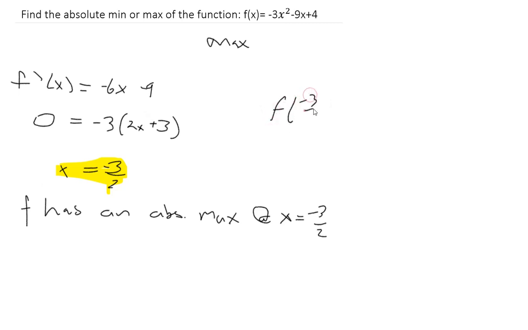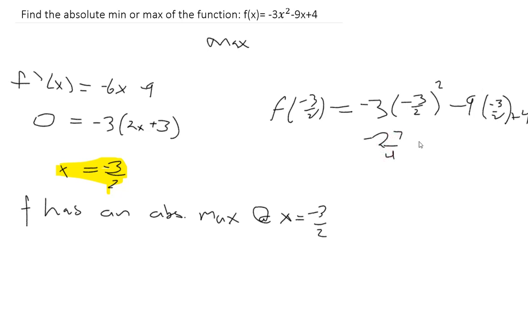So f of -3/2, plug it into the main function: -3 times (-3/2) squared, minus 9 times (-3/2), plus 4. So here we have (-3/2) squared, which is going to be 9 over 4, so -27 fourths, plus 27 halves, plus 4.